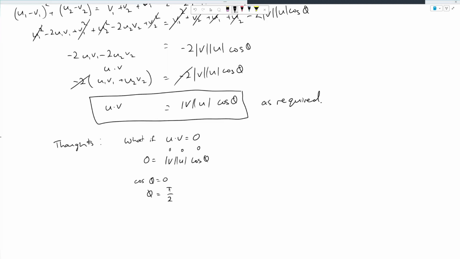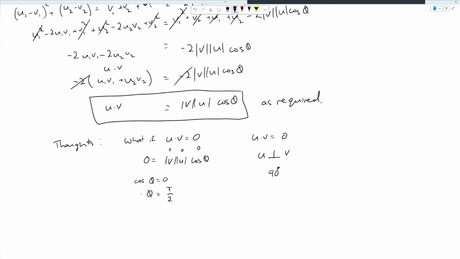That means that if the dot product of two vectors is equal to 0, then u is perpendicular to v, because it's pi on 2, which is 90 degrees from each other. Okay, and that's a very, very important relationship between two vectors given by this theory.